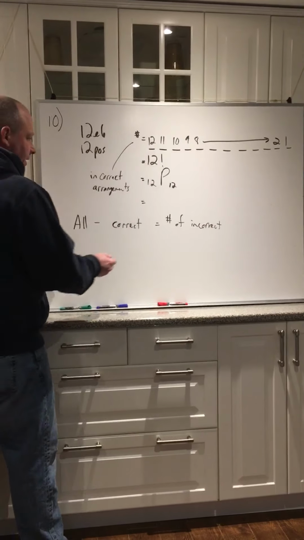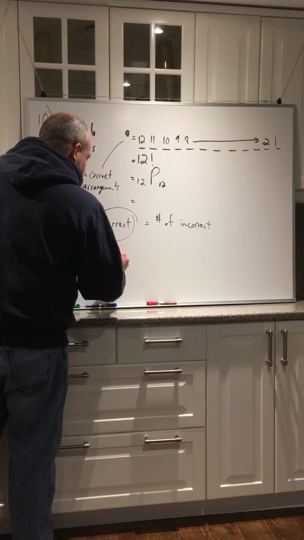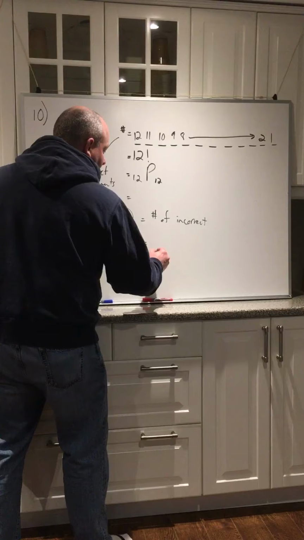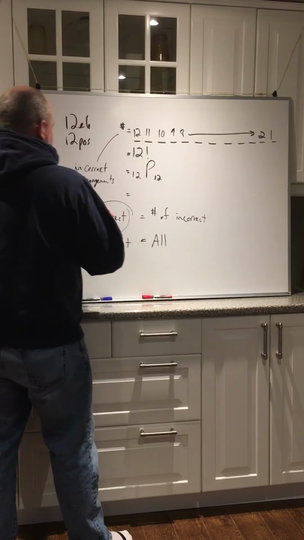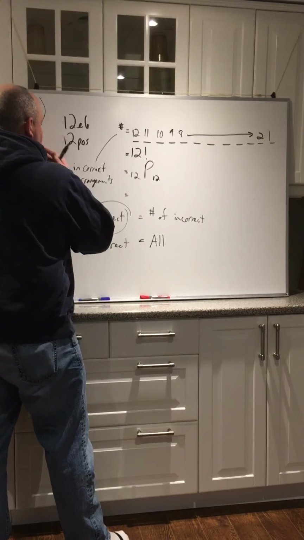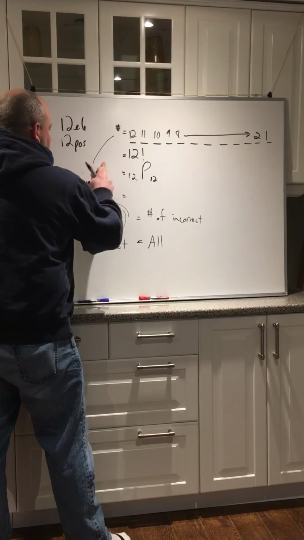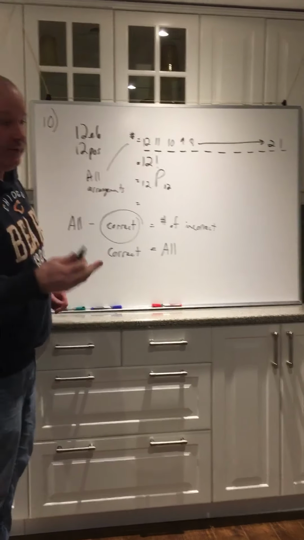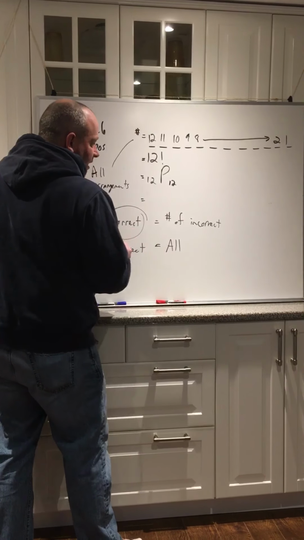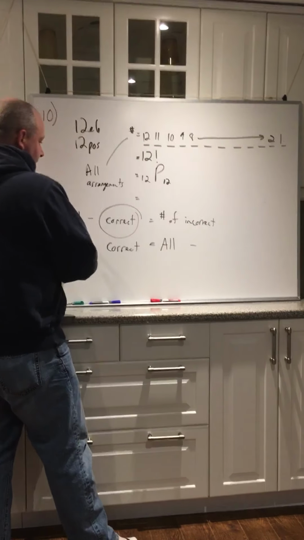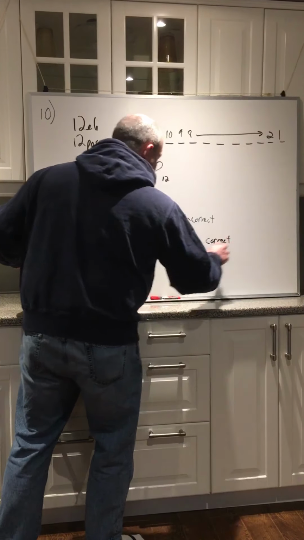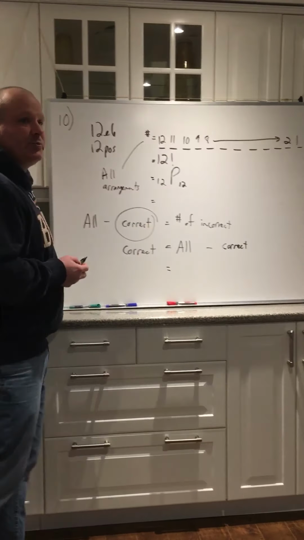Well, what I'm looking for is incorrect. So similarly, it's going to be all of the possibilities. This is all arrangements, both correct and incorrect. I take all of my possibilities and I subtract my correct possibilities, and I should get my actual number.